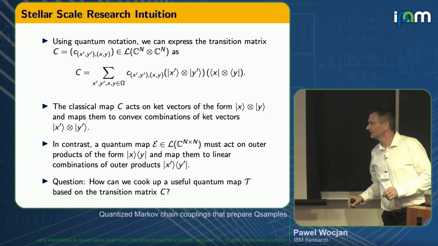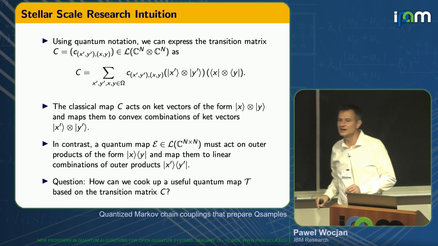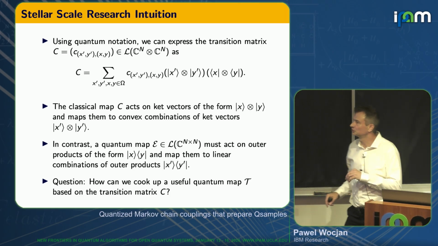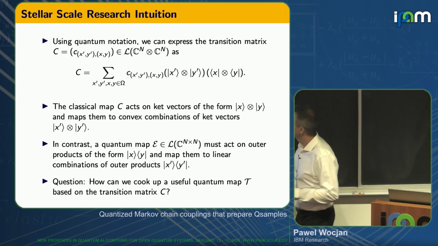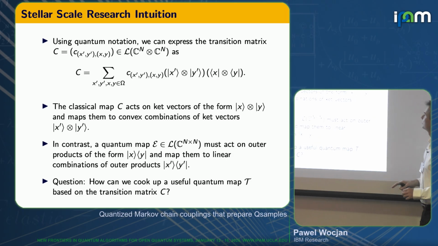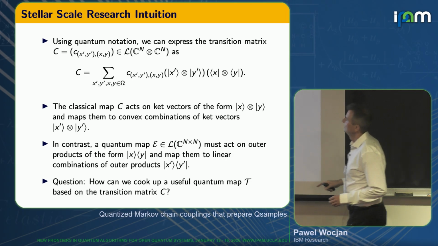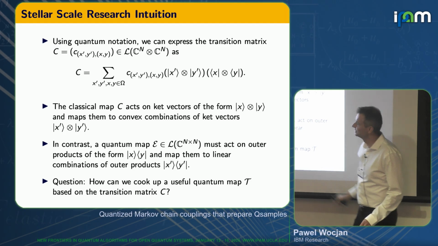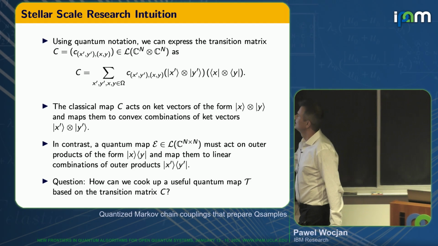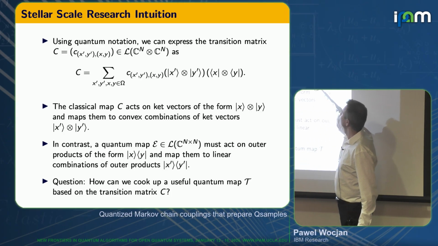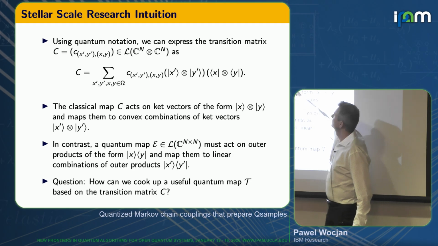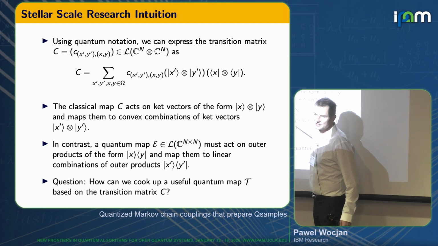Let me try to get across the intuition of how you turn a coupling into a quantum channel. Using quantum notation, we can express the transition matrix like this. Hopefully you all understand this: the state x comma y is going to transition to this state with this transition probability.